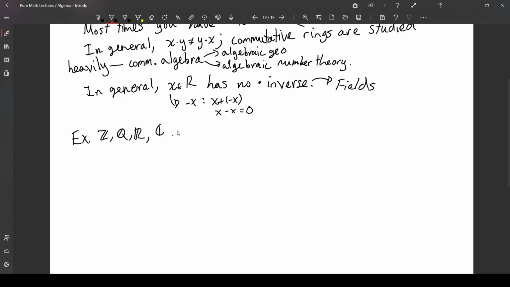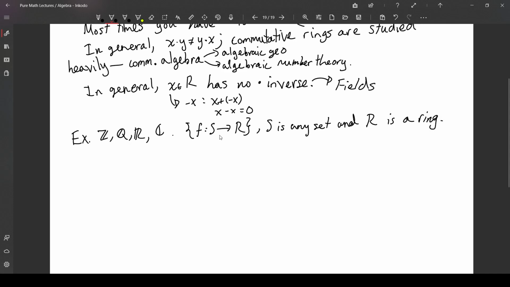So these are some examples that you probably have seen. For a less trivial example, you can consider the set of functions S to R, where S is any set, and R is a ring.